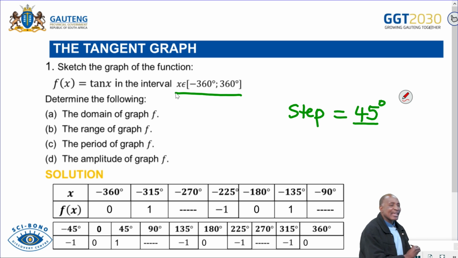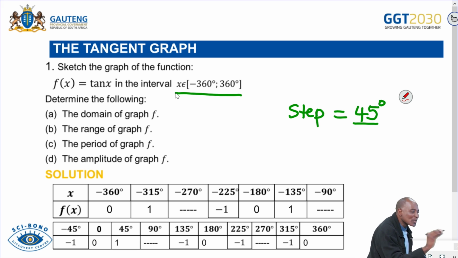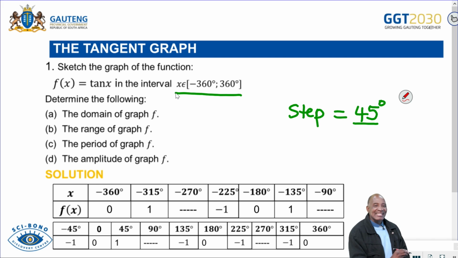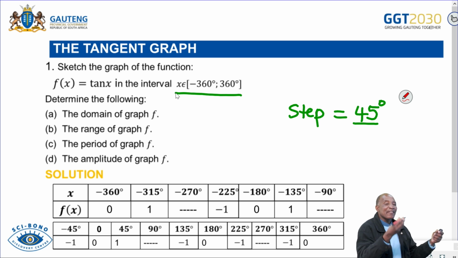Therefore, it means at that point, the graph does not exist, because we can't get a number that will match or make a complete ordered pair. Then it continues to negative 90 degrees again. You'll still find the error there on your table. That error indicates that we can't get a value.